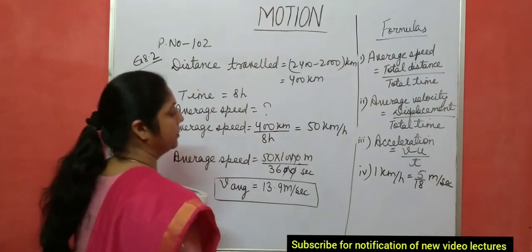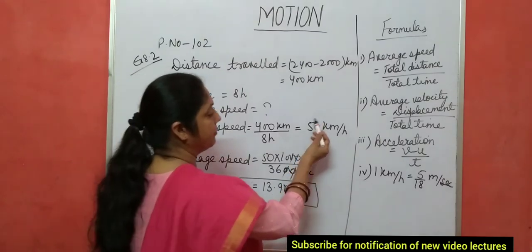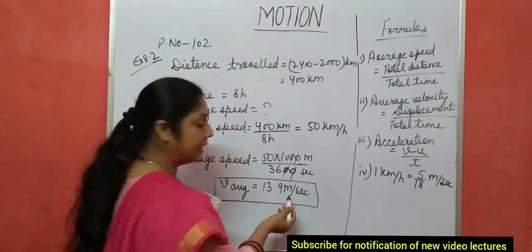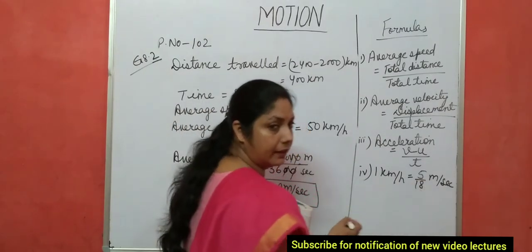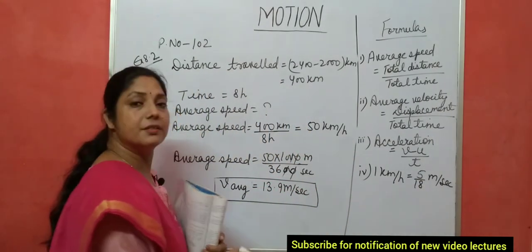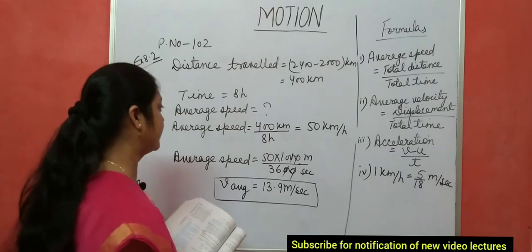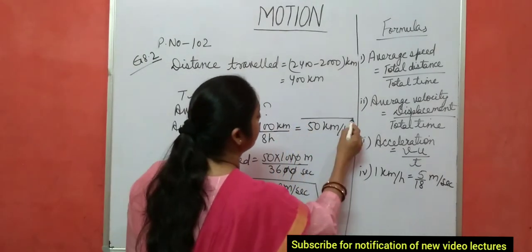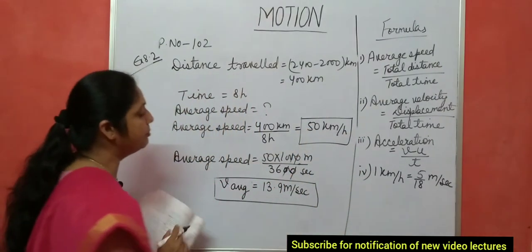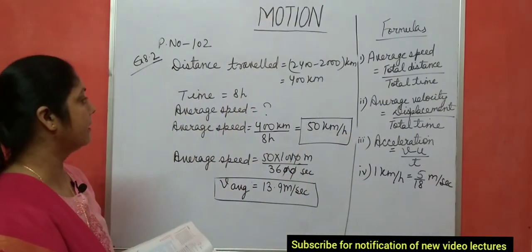So if you want to convert this 50 kilometer per hour into meter per second, you just multiply by 5 by 18. Then it becomes very easy to calculate, and very fast too. So in this way, this answer is in kilometer per hour and this one is in meter per second, right?